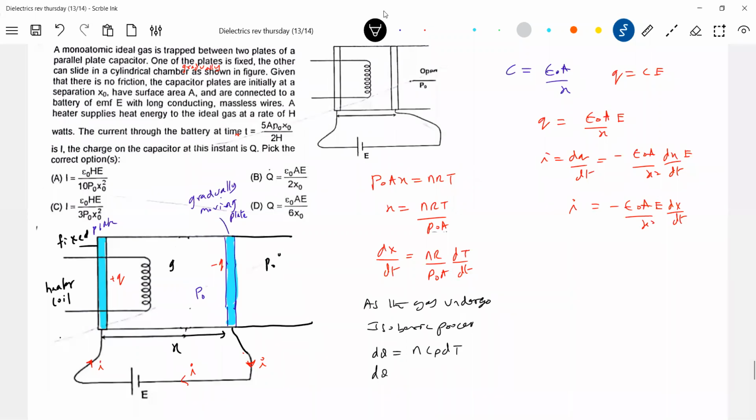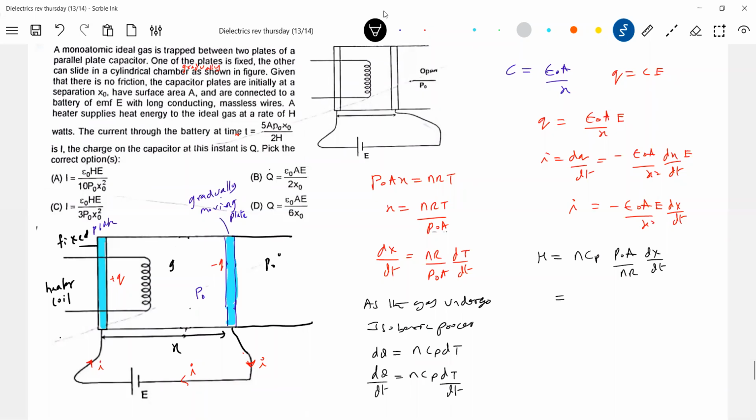I'll differentiate this one. dQ by dt is what? H, is equal to nCp dT by dt, and we can write this as P naught A nR dx by dt. n will get cancelled.